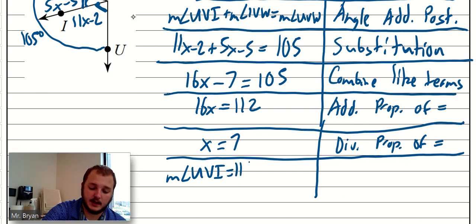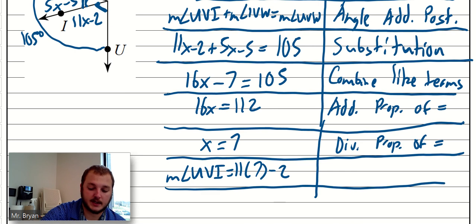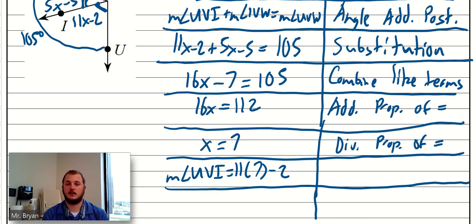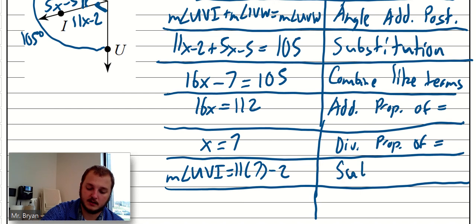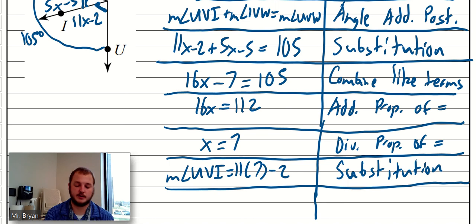So we're going to say 11 times 7 minus 2. Notice, just like before, I just plugged something in. I took the statement that I already had in my given and I just plugged 7 in for x. So what's my reason since I plugged something in? That's just going to be substitution again.